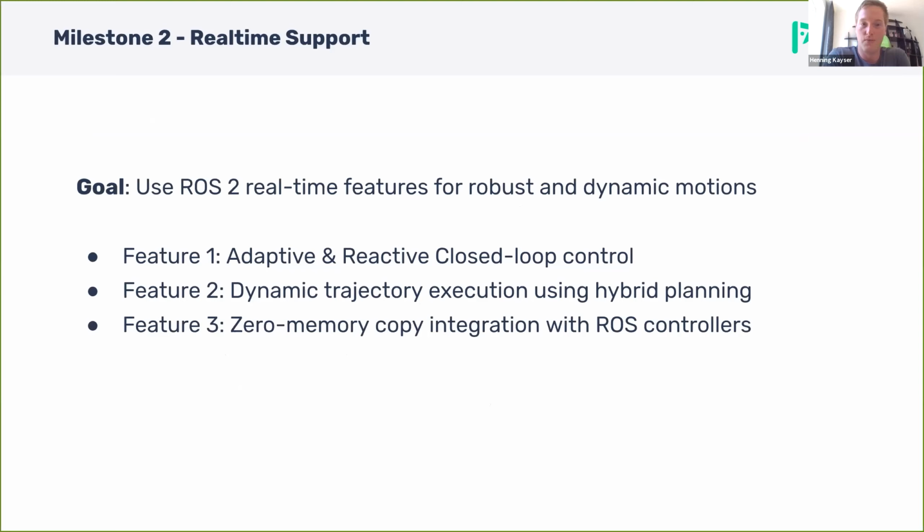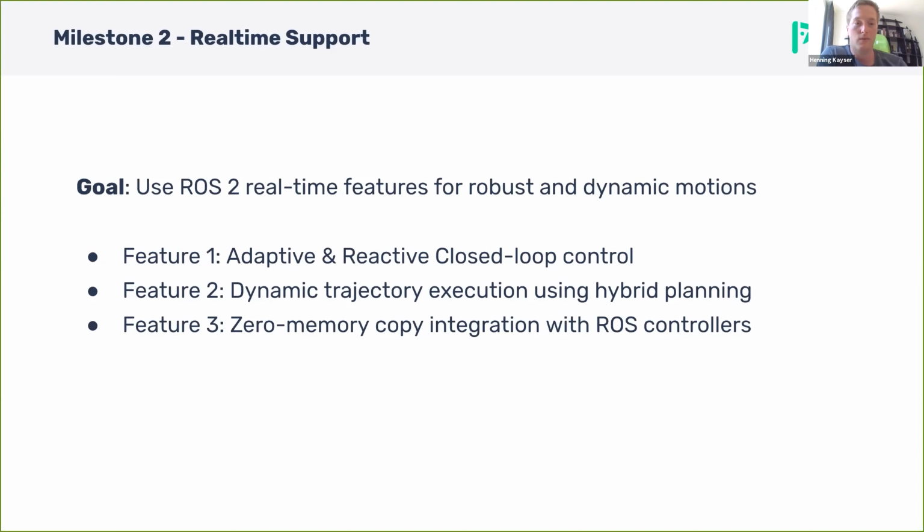So we really focus on the framework at this point. This framework should provide support for, feature 1, adaptive and reactive closed loop control; feature 2, dynamic trajectory execution using hybrid planning; and feature 3, zero memory copy integration with ROS controllers.